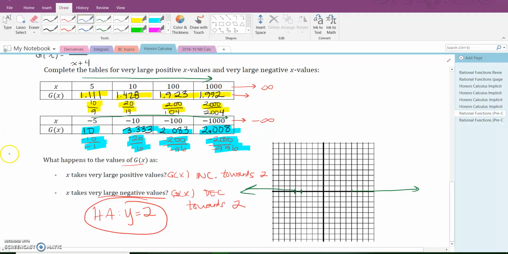So if we want to write a limit for this, let's write our third and fourth limits here. One limit per statement. Here I have a limit of g of x as x approaches something. Let's look at this table right here. What is x approaching? x is getting bigger and bigger, so x this time is approaching infinity.